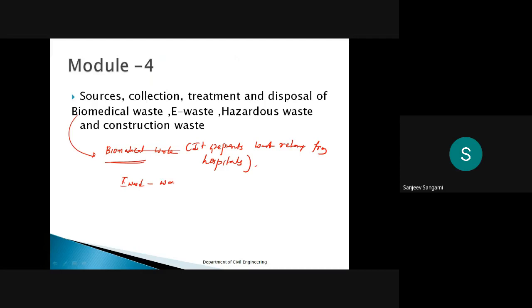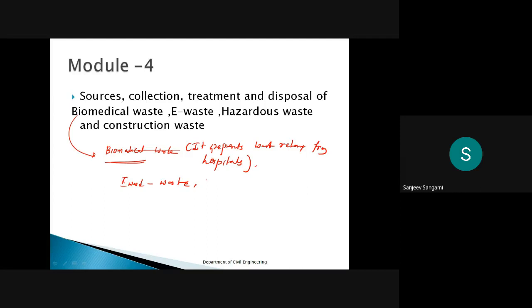Then e-waste, that is waste released from many of the electronic and electrical industries, for example computer boards, circuit boards, or ICs.